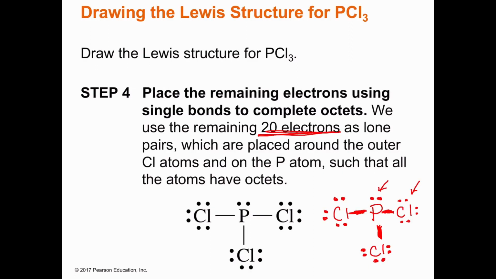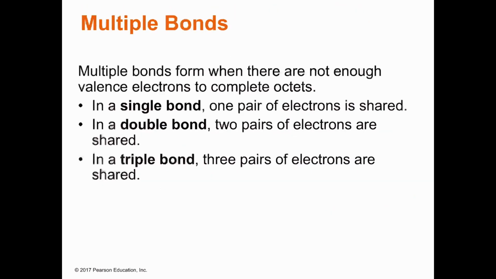When you're going to run out, the way you solve this problem is you form things called double bonds and triple bonds. In a double bond, you have 2 pairs of electrons being shared, and in a triple bond, you have 3 pairs of electrons being shared. My examples of those will come in our example problems.